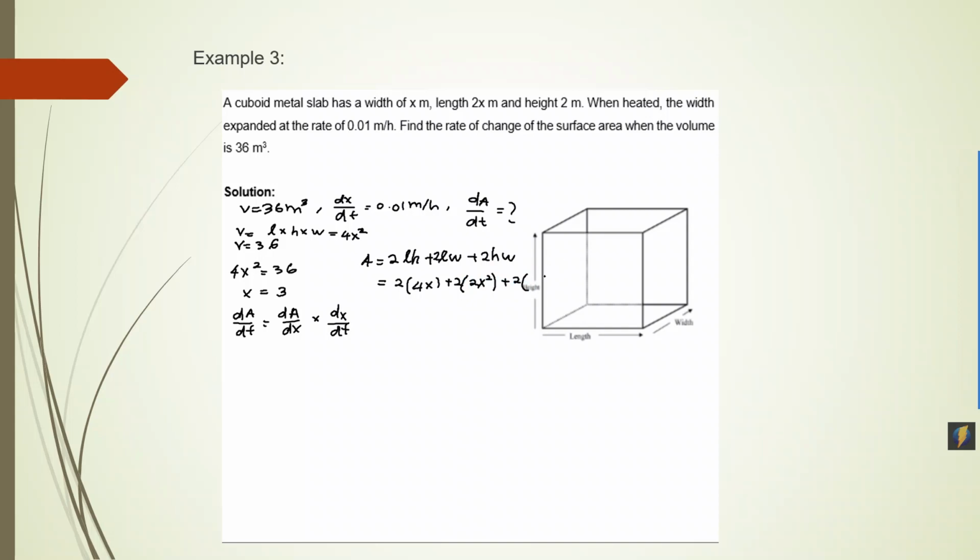Height is 2 meter times x, that is 4x. So we get the surface area 8x plus 4x squared plus 4x.